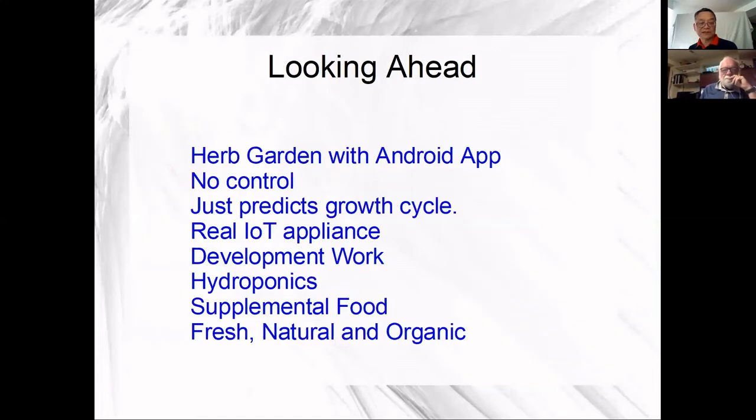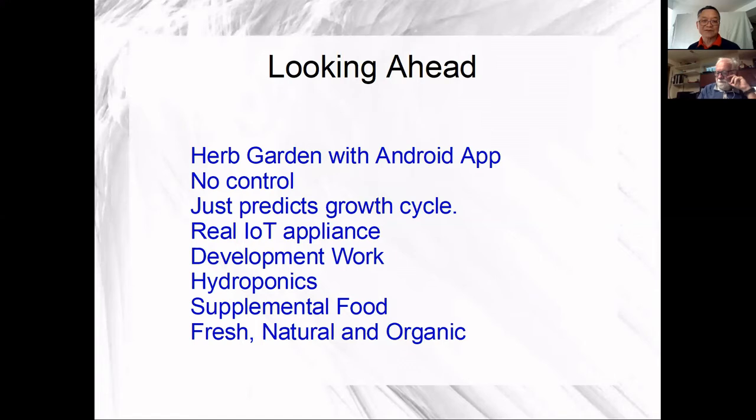So looking ahead, I've seen herb gardens being sold in Best Buy, and they have an Android app where you can watch your plants grow, but there's really no control. It basically just predicts the growth cycle based on the pods you put into the herb garden, and estimates when it should germinate and what size the plants should be.